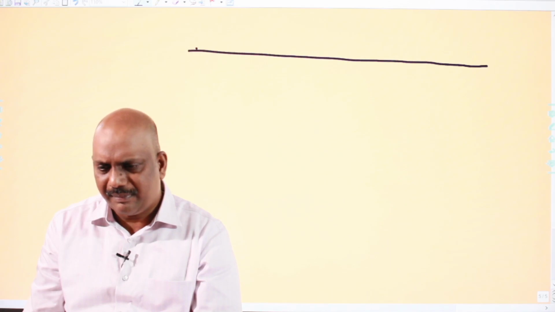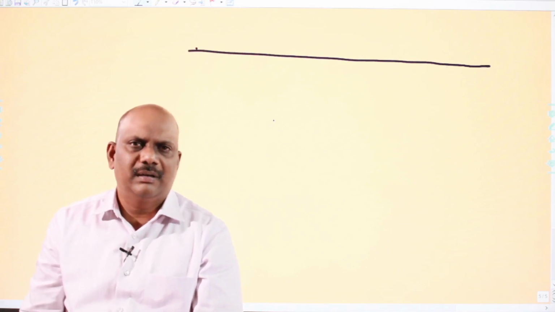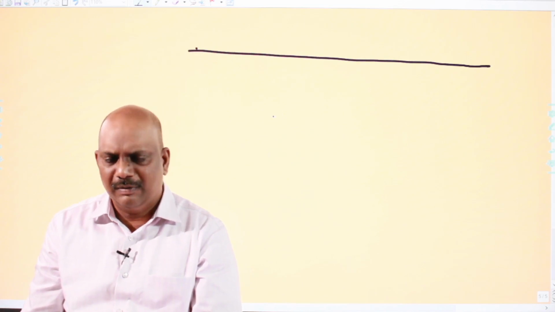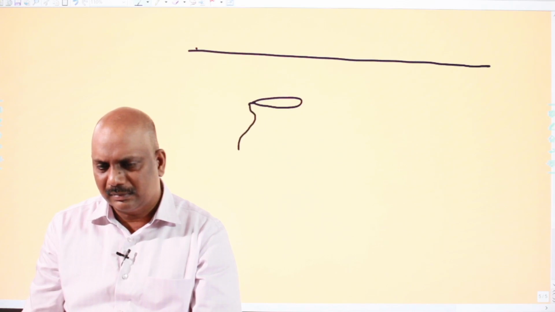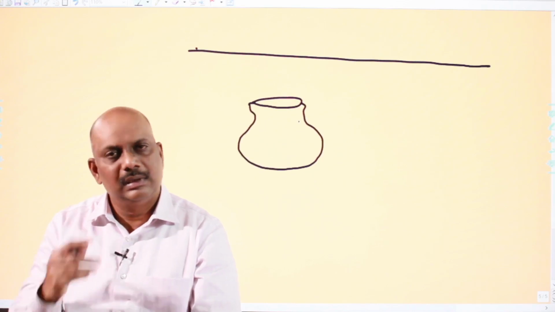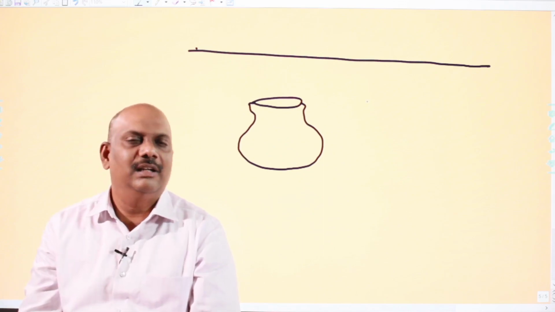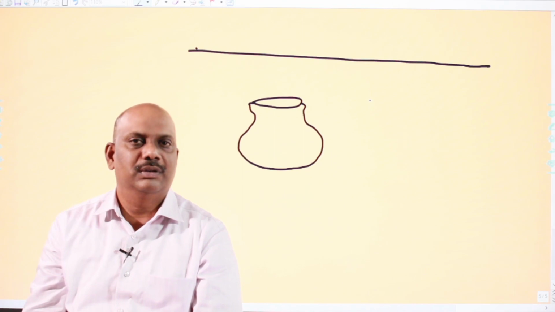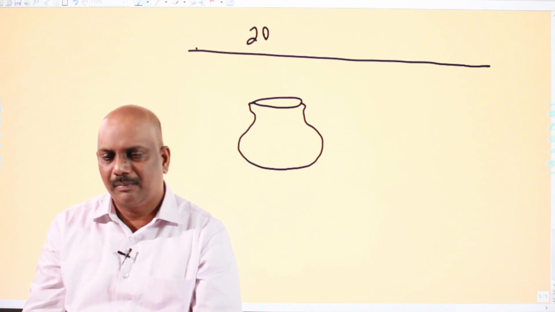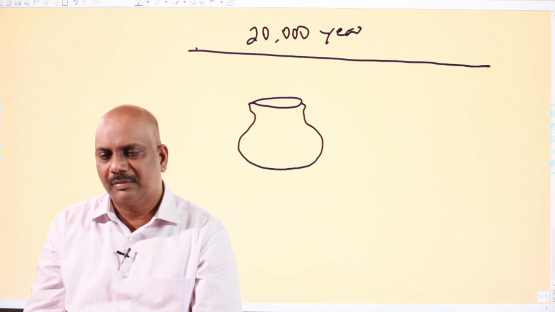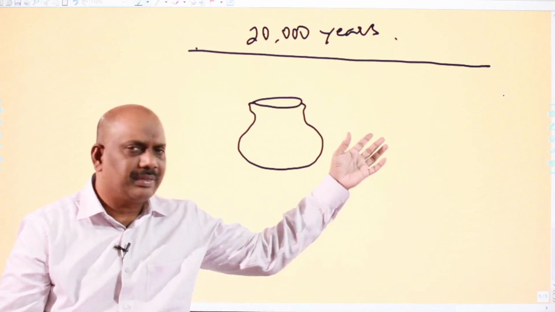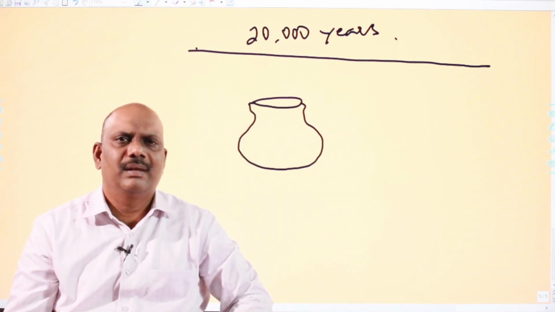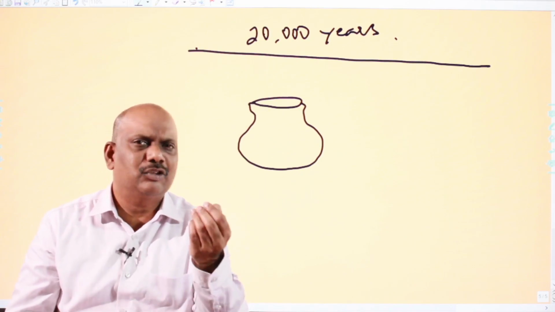Thermoluminescence. See what exactly happens when one ceramic object, just forget all those stories, now come back to our topic. Suppose our prehistoric man, some 20,000 years ago, made a ceramic, a pot, and it got buried in the soil and is lying there inside the soil for around 20,000 years. There will be some radioactive materials in this environment, at least in microscopic traces.